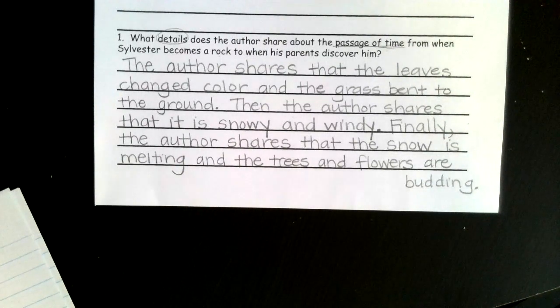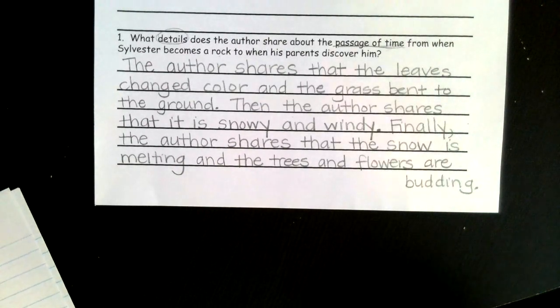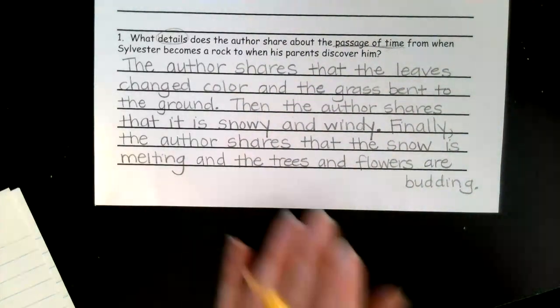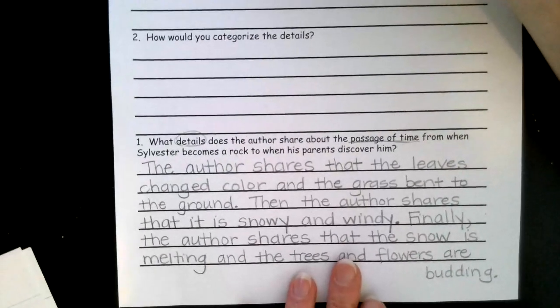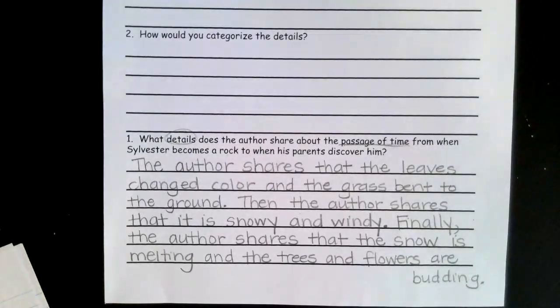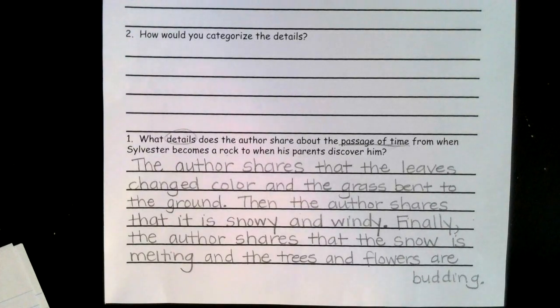All right. We have finished the first rung of the ladder. We're going to move up to number 2. It says, how would you categorize the details? So how would we put these into groups?